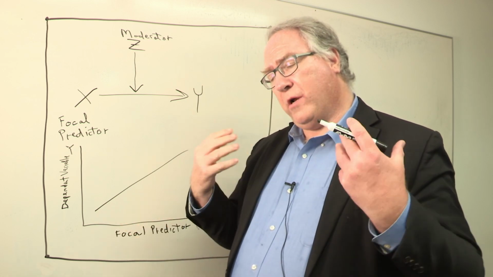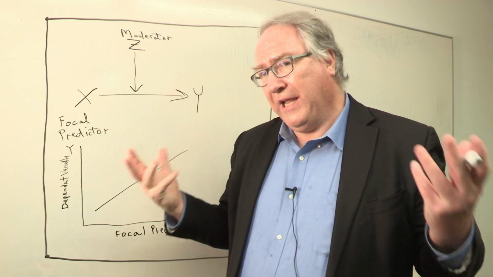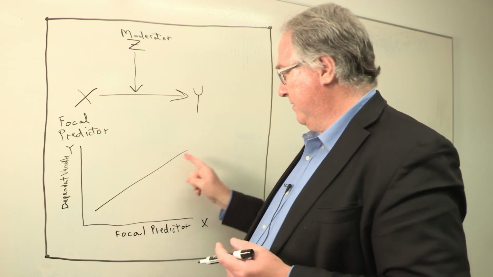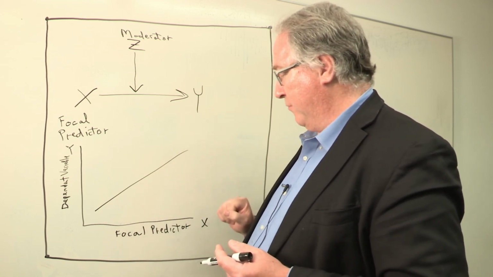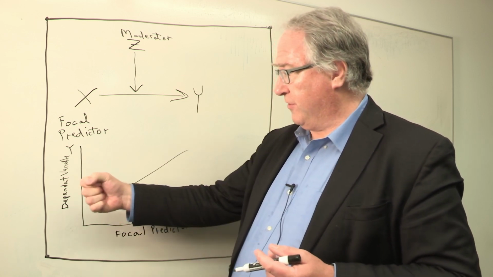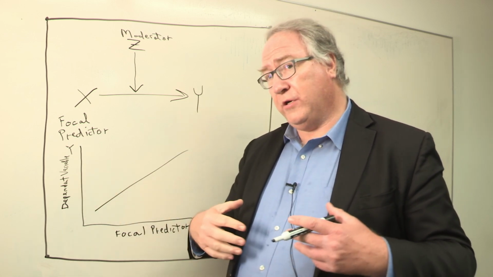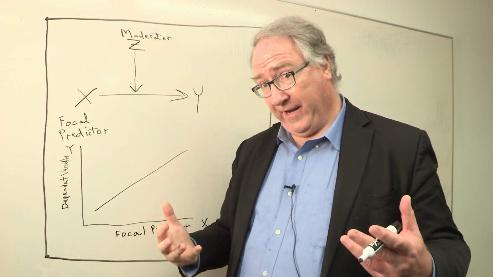All right, but now we want to introduce some complexity to this effect. This, as a main effect, is just this one effect that we're depicting of the focal predictor on the dependent variable. We want to introduce some possible complexity to that effect.